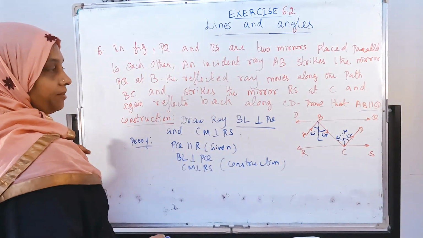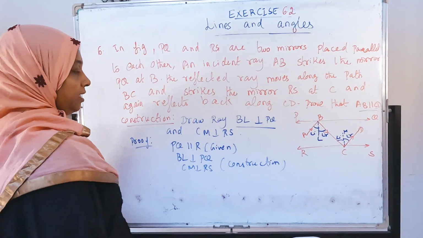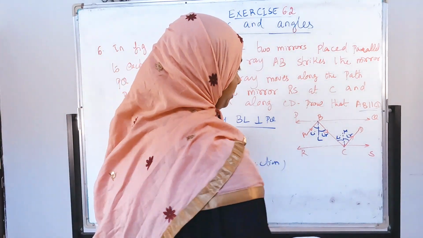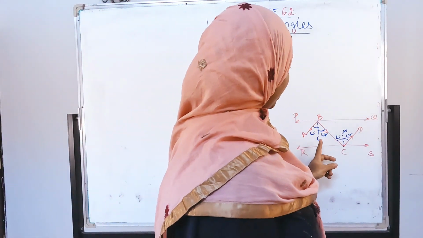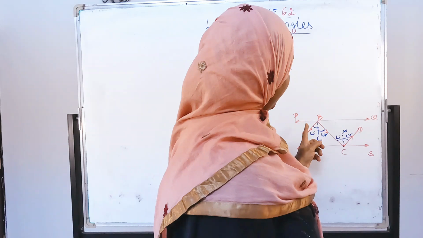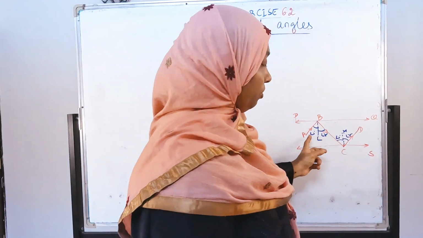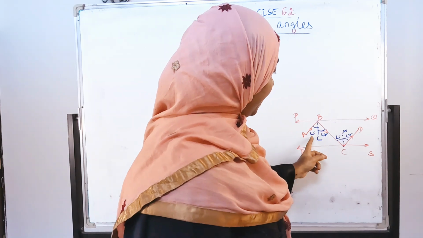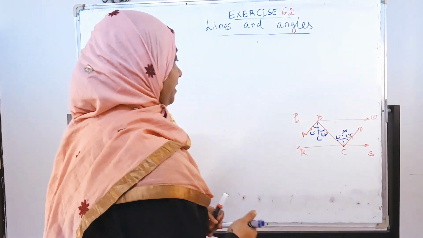This is a physics concept. We studied this concept in class also. Now we will proceed with the procedure. Here in the first part we take angle ABL equal to LBC, due to the physics concept: angle of incidence is equal to angle of reflection. That we will take.